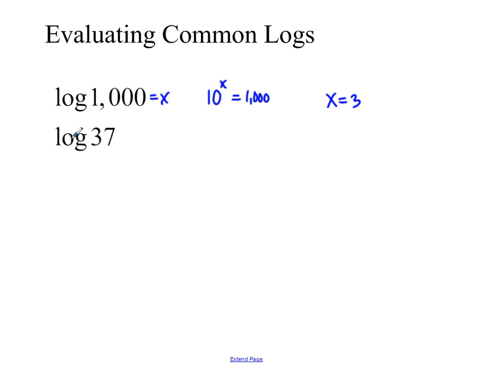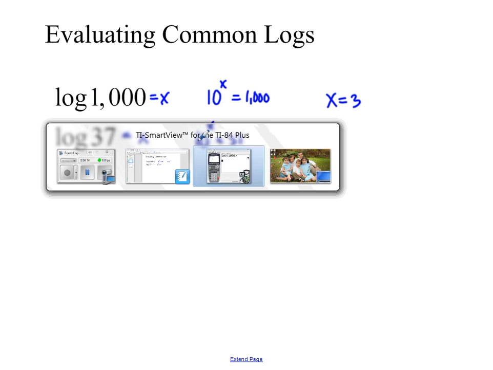Try another one. Log of 37. Well, what's that trying to say? That's trying to say 10 to some exponent comes out 37. Of course, it's not going to be an integer. But that's okay. We kind of know powers of 10. We know 10 to the first is 10, and 10 squared is 100. So it's somewhere in the middle there. It's probably closer to 1 than 2. Let's see what it is.